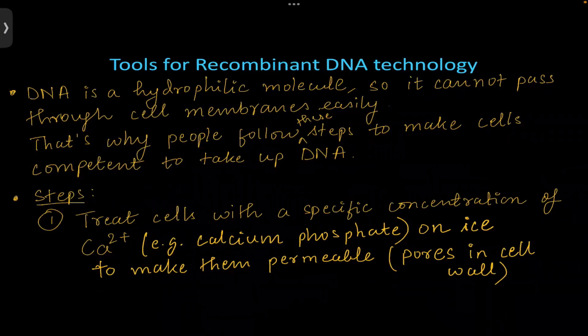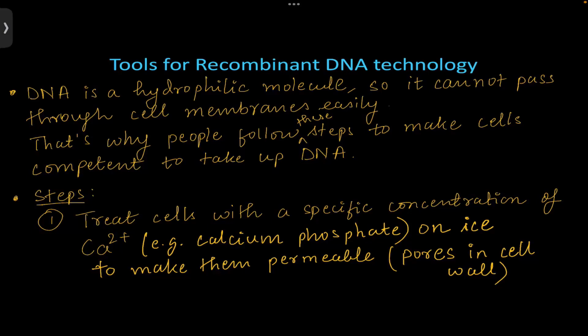Normally cells are not that eager to take up anything that they don't want to. You're actually going to have to force your recombinant DNA into the host cell. That is called making the host cell competent, so that you can force something into it.